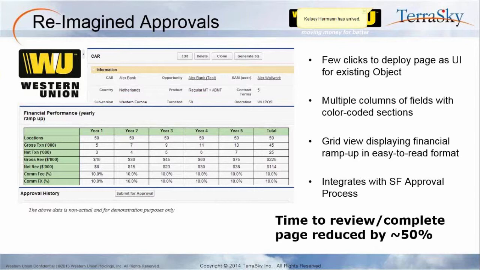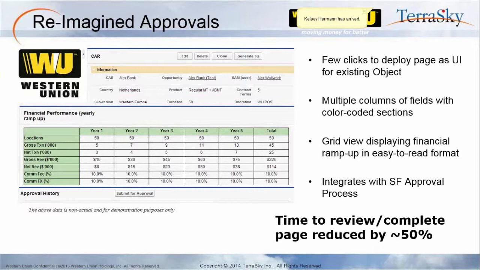They focused specifically on an initial use case to redefine and rebuild an approval process that had proved pretty challenging. They were using the Salesforce approval process that is native to the platform, and the pages that they designed were able to very easily integrate with that process. It took very few clicks to deploy the page.